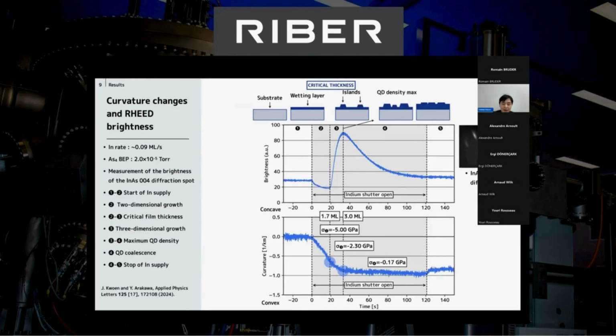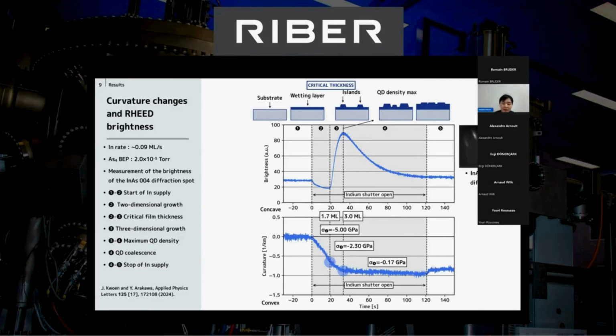As the indium arsenide grows and reaches 1.7 monolayer, 3D growth begins and the rate of the curvature decrease slows down. And then during the 3D growth process, which corresponds to an indium arsenide quantum dot thickness of around 3.0 monolayer, the stress due to the indium arsenide growth changed to 2.3 gigapascals.